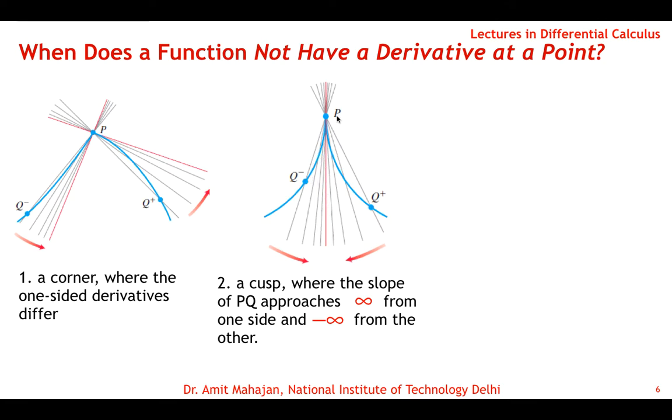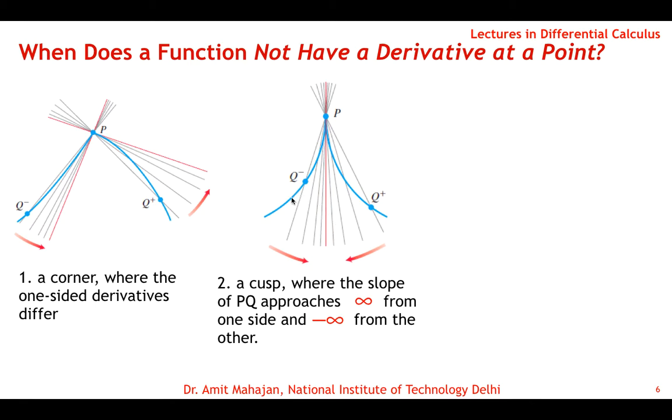On the other side, if I take this q plus point and move it towards this p point, then this secant has a negative slope. As it moves toward this side, this negative slope becomes vertical, so the tangent from the right side gives a slope of minus infinity.